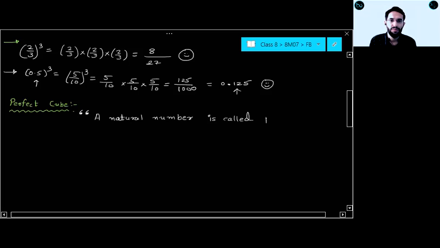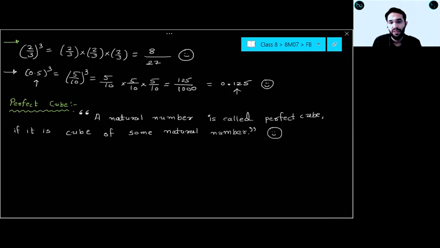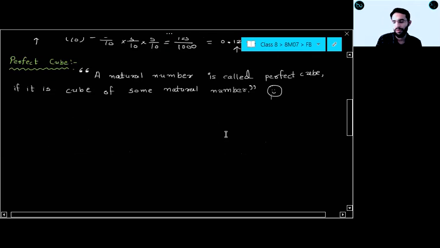A natural number is called a perfect cube if it is the cube of some natural number. Yes, it can be 0 as well. That's why I was telling that it should be an integer, but no issue. This definition is given in NCERT, so we will follow this only.